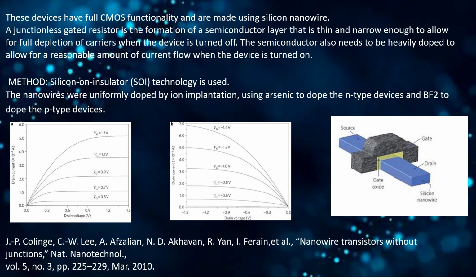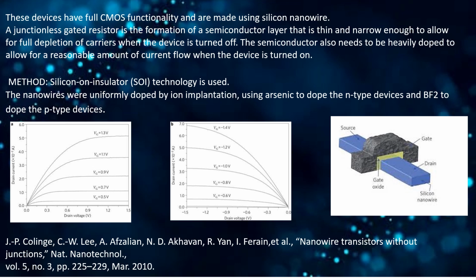The key to fabricate a junctionless gated resistor is the formation of a semiconductor layer that is thin and narrow enough to allow for full depletion of carriers when the device is turned off. The semiconductor also needs to be heavily doped to allow for a reasonable amount of current flow when the device is turned on. These two conditions impose the use of nanowire dimensions.